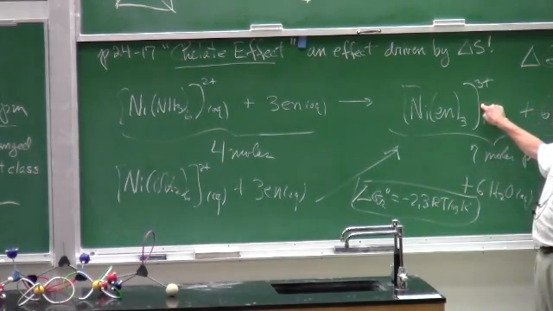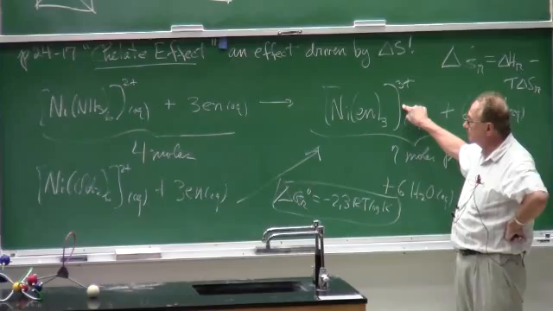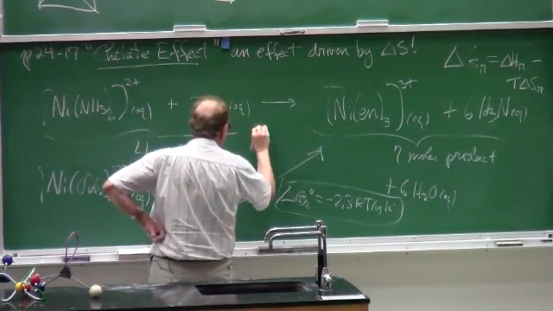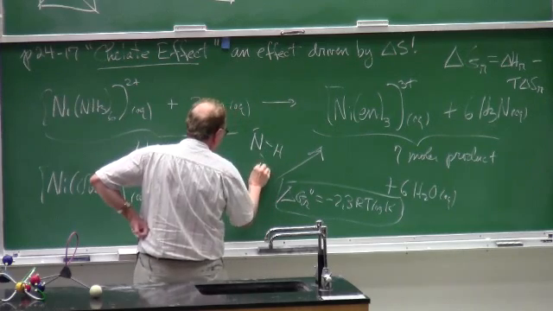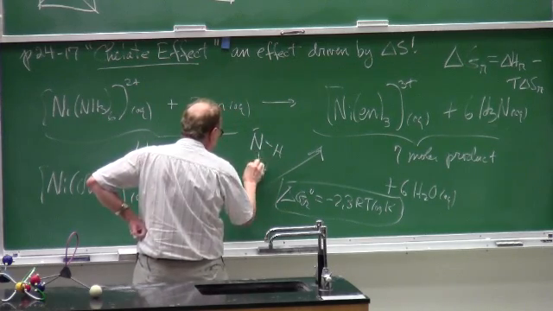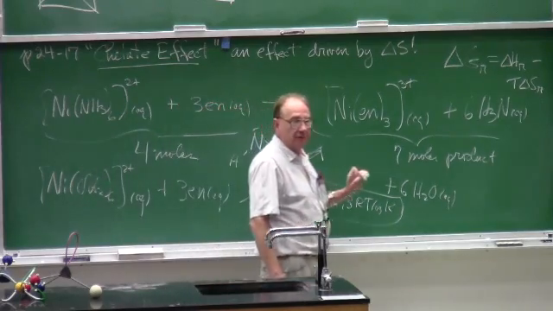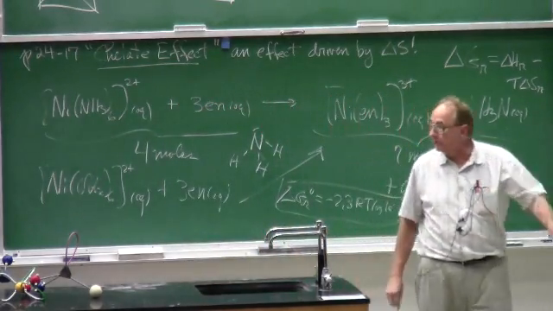In this case, or for this case, here's ammonia. How does the donor strength of ammonia compare in general to the donor strength of ethylene diamine?